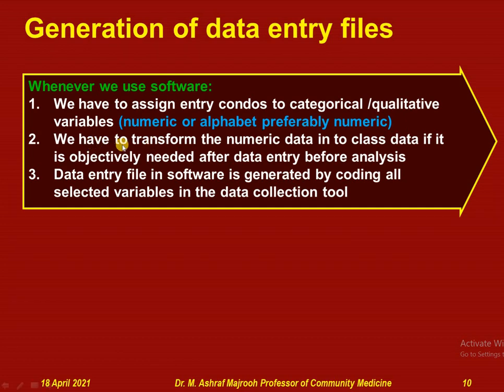We have to transform the numeric data into class data if it is needed after the data entry before analysis. And the data entry file in the software is generated by coding all the selected variables in the data collection tool. So this is how the data entry files are generated.